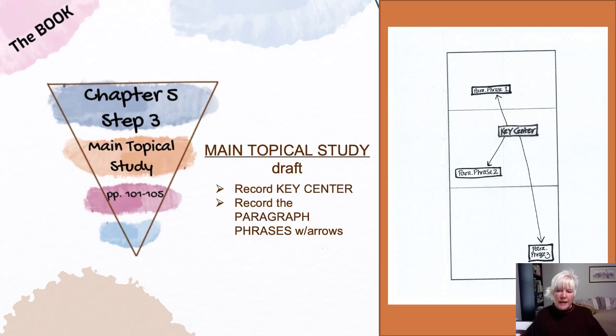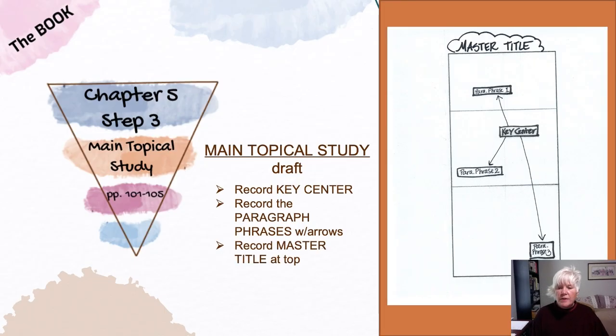There should be one in every paragraph. Again, this is directly from the Bible text. Draw arrows from the key center to each paragraph phrase. And then on your permanent chart, these 2 components, key center and paragraph phrases, should be clearly seen as the main study of your chart, a bit larger than any other writing within the rectangle.